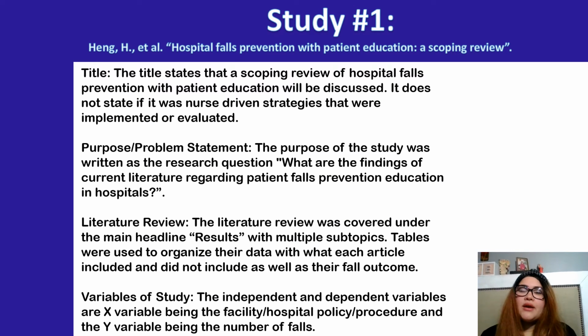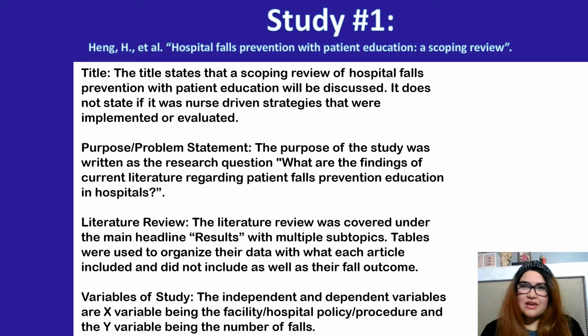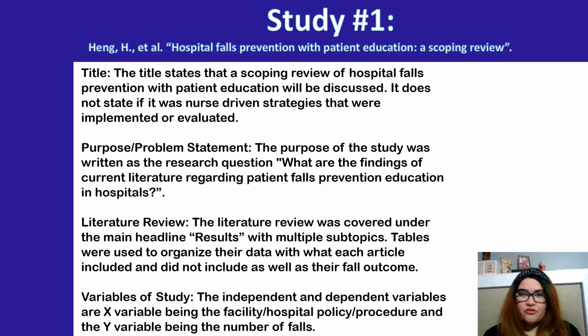For study number 1, Hospital Falls Prevention with Patient Education, a scoping review. The title doesn't state if nurses are involved. The purpose of the study is obviously hospital falls prevention with patient education, as the title states.